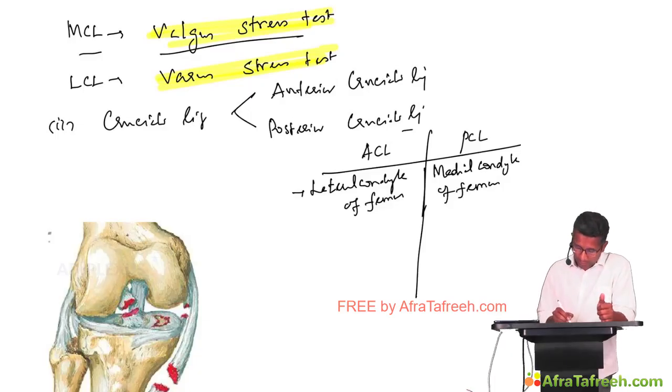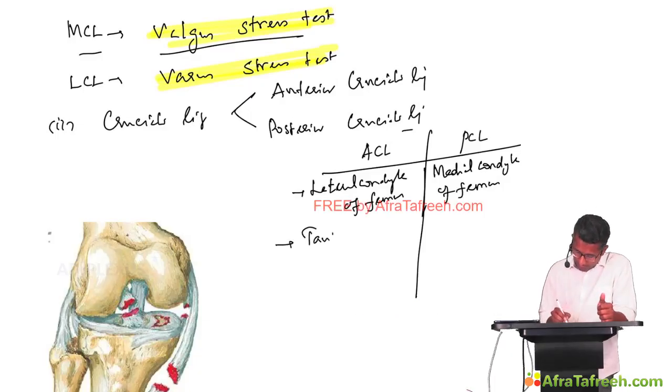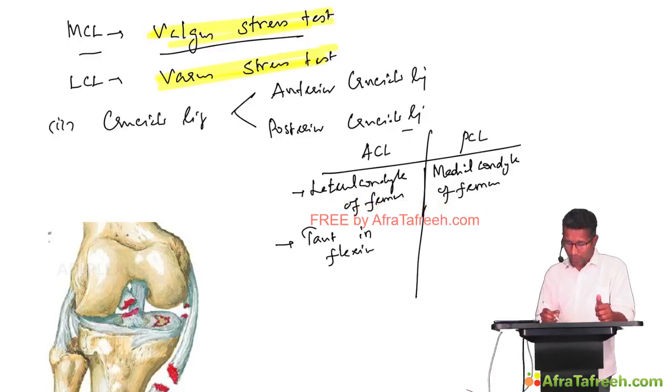Now ACL is taut, it becomes tight in knee flexion. When you flex your knee, the ACL becomes tight, and PCL will become tight in extension.